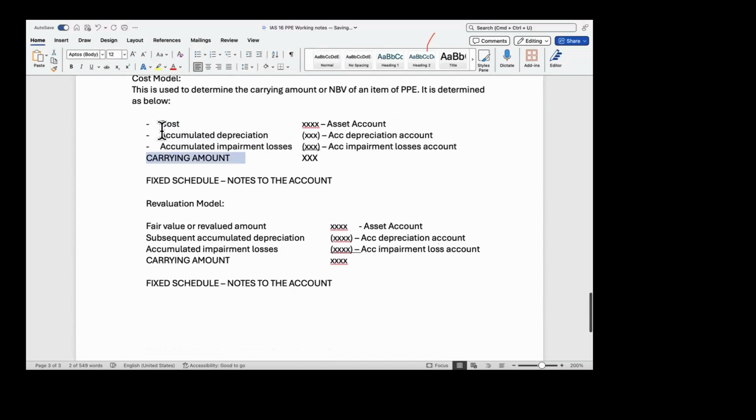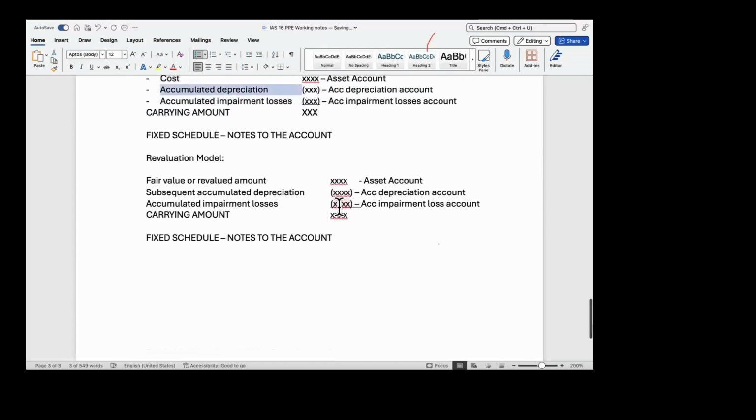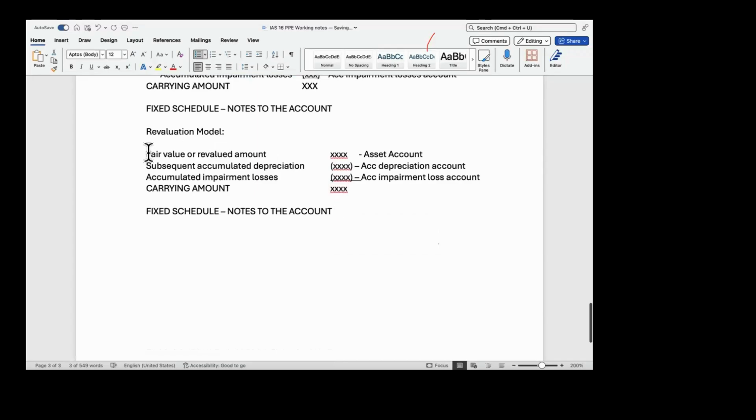So let me just explain this depreciation. When I'm done explaining depreciation, then I will explain this revalued amount. Okay, then we'll be done.